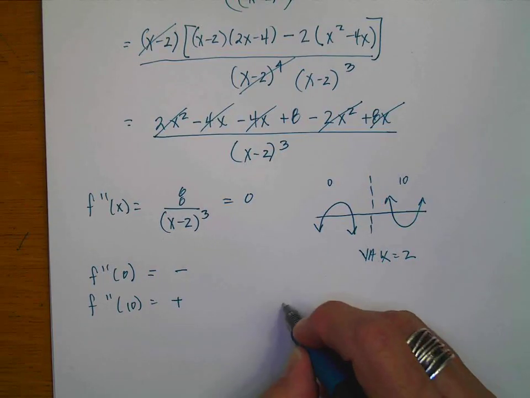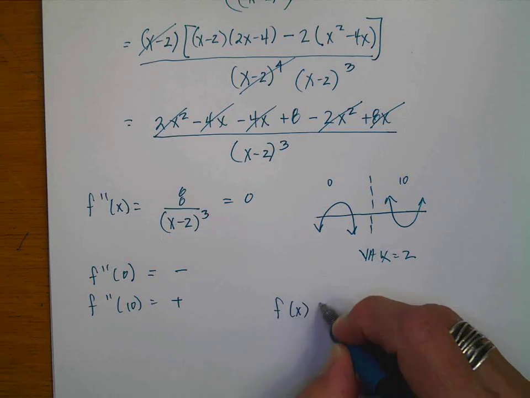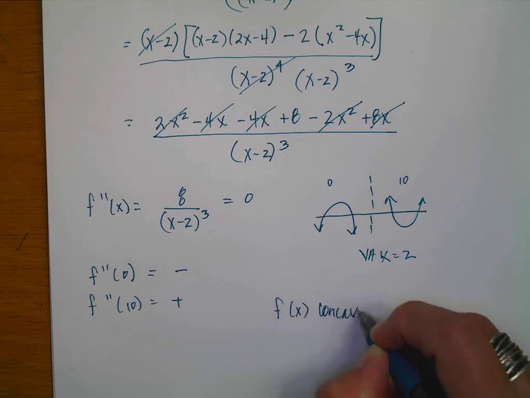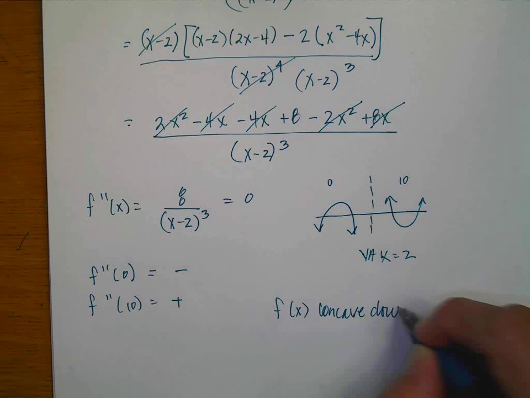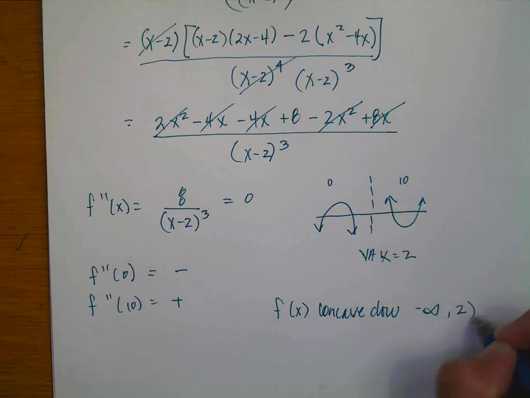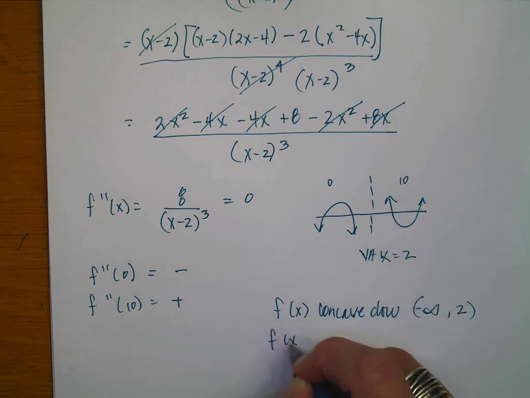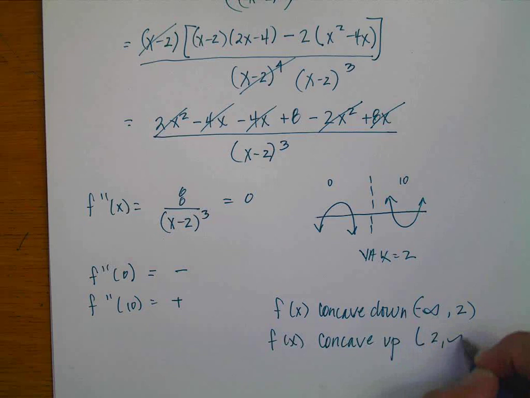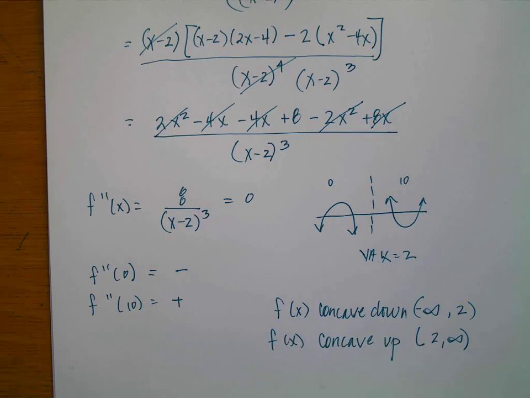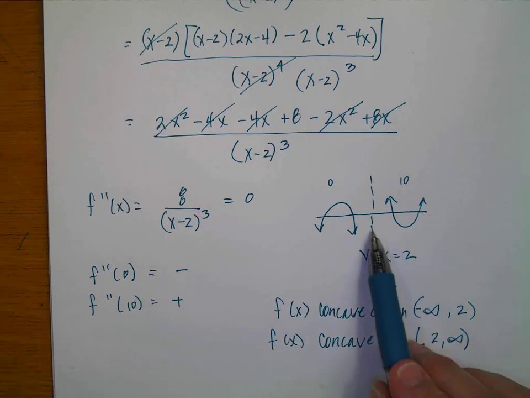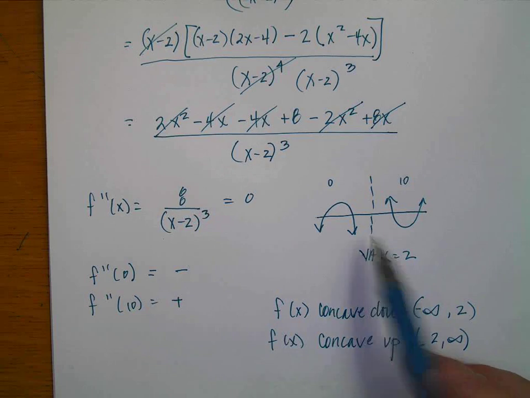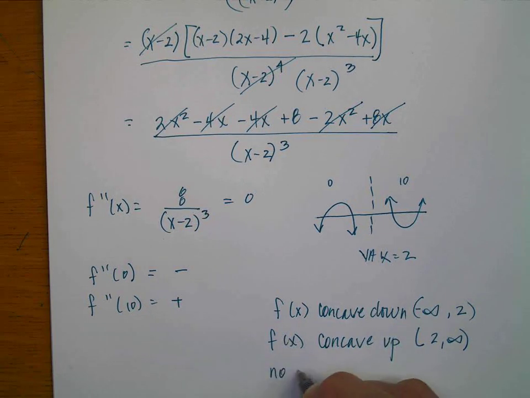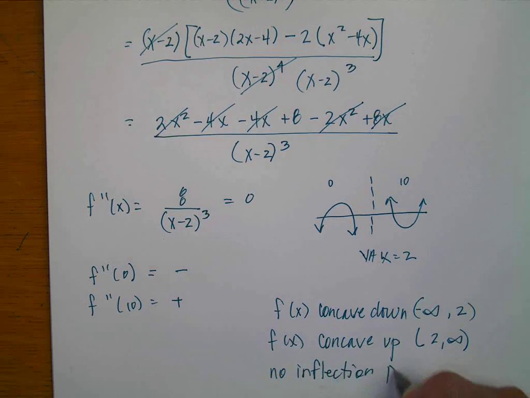So if I answer the questions that would come from the second derivative, I have f of x is concave down from negative infinity to 2, and f of x is concave up, forgot the n, from 2 to positive infinity. All right, and because the concavity changes at the asymptote, there are no inflection points.